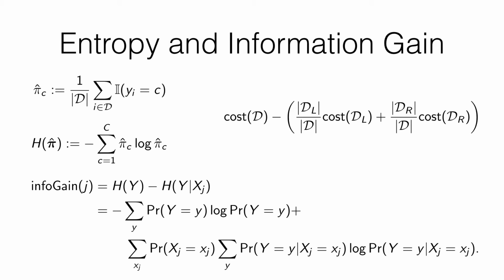So you can spend maybe 10 seconds to compare the two expressions on the screen, the cost reduction expression on the top right and the information gain definition on the bottom, and see that they're the same thing when we plug in entropy as the cost function.